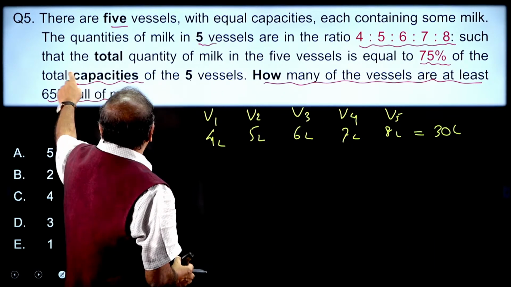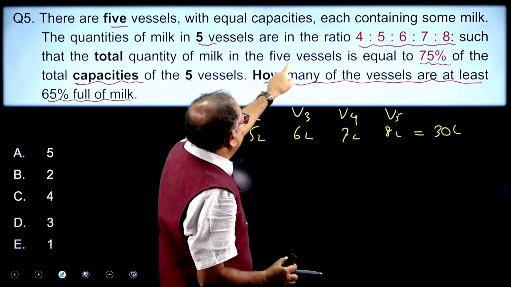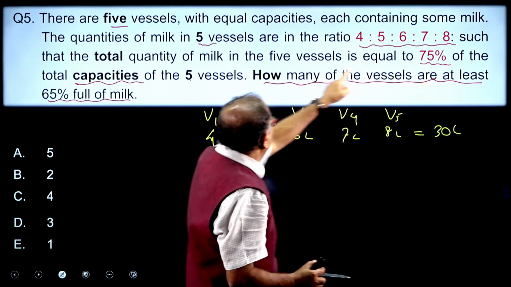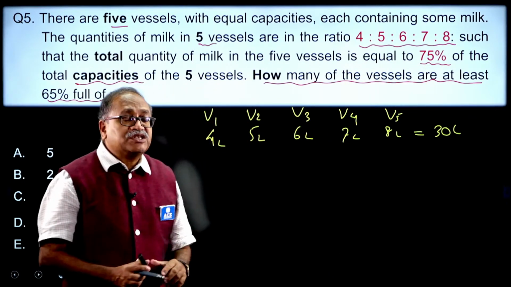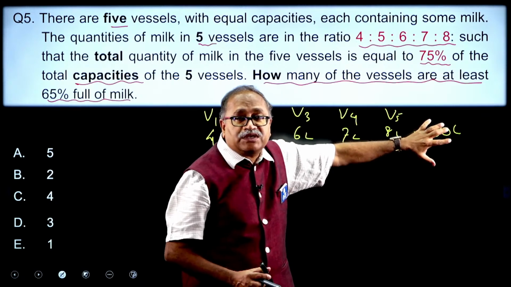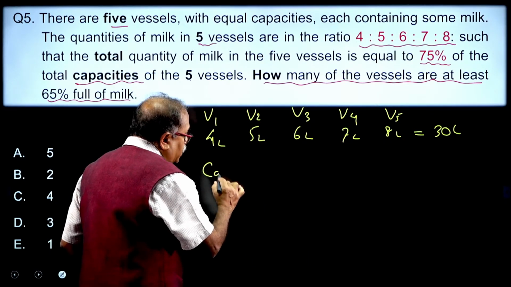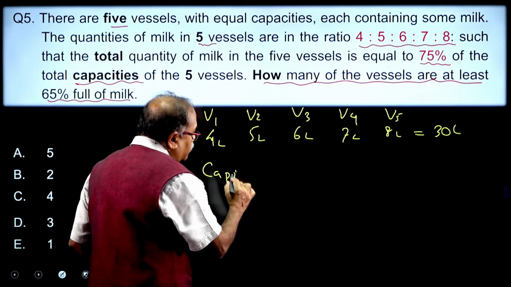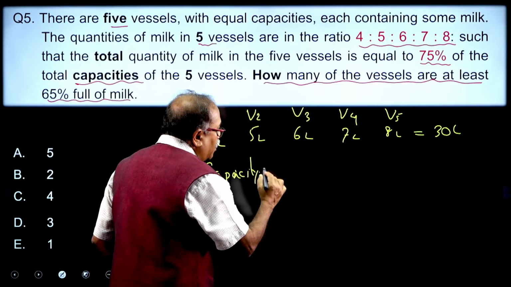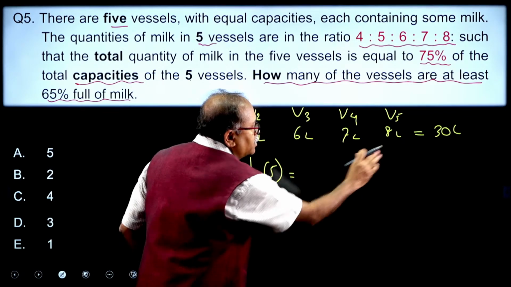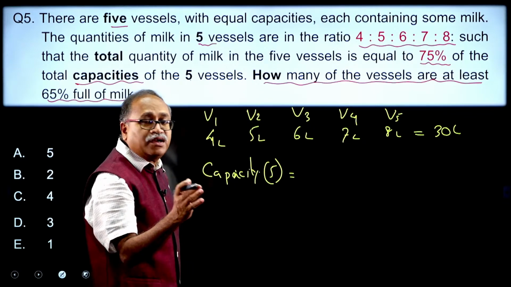Now, here it says that the total quantity of the 5 vessels is 75% of its capacity. So, what is the capacity of the total 5 vessels? This is 75%, I need 100%.